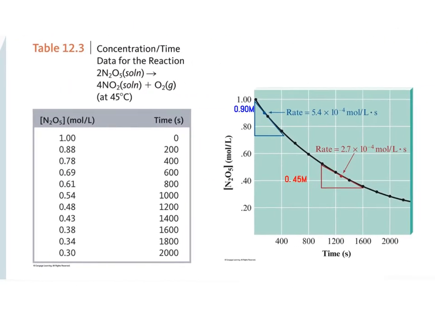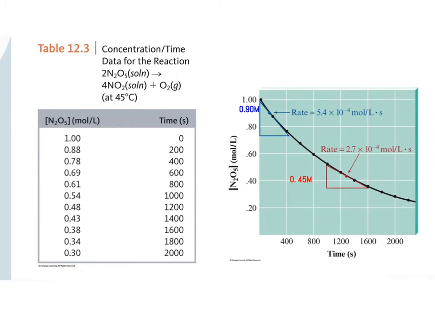So here is the first thing we're going to look at today. Looking at concentration over time, we talked last time about how reactants decrease in concentration over time. But we also mentioned that the rate is really dependent on when you measure it exactly, right? Initially we had 0.9 molar, and our rate is 5.4 times 10 to the negative 4, and this is molarity per second, essentially.